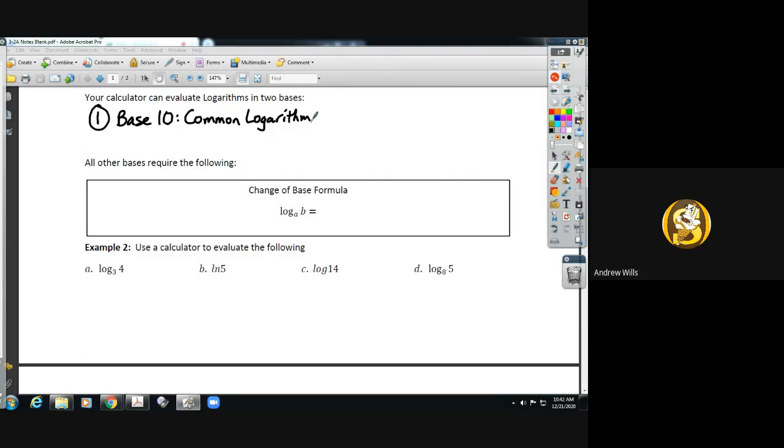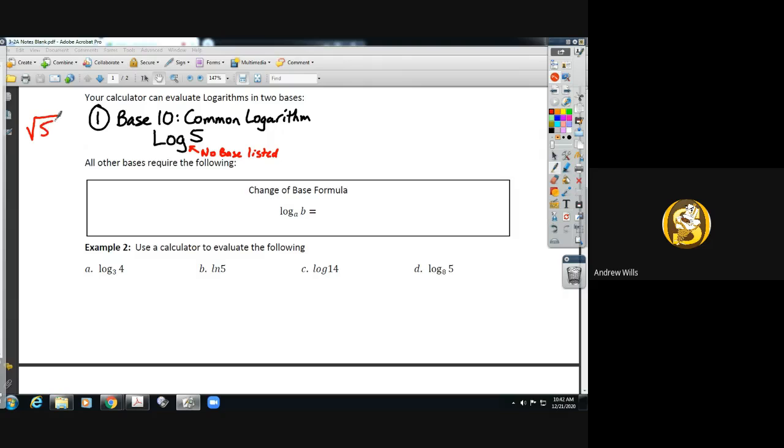Okay? So when we look at a logarithm in base 10, it does not list a base. It just says something like log of 5. Okay? There's no base listed. It's sort of like in a square root. It doesn't show the 2 in a square root, right?